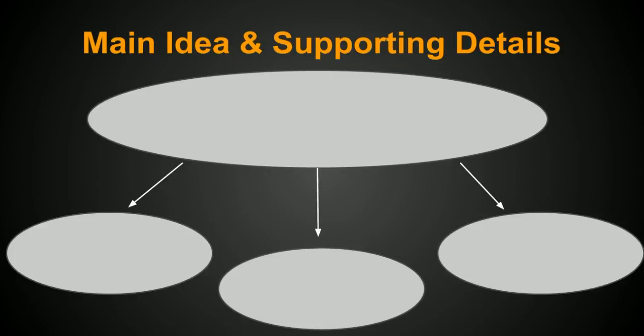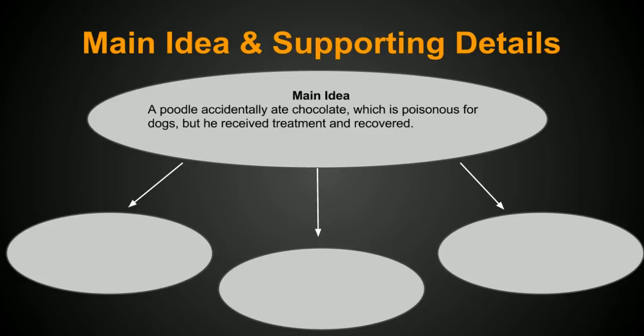Let's think about the main idea of that paragraph. Our main idea is a poodle accidentally ate chocolate. We know that chocolate is poisonous for dogs, but he did receive treatment and recovered. So let's think about what are 3 details that support that main idea. Okay. First one is we have a 50-pound poodle. So we have the dog.